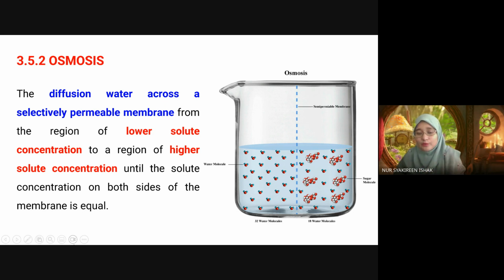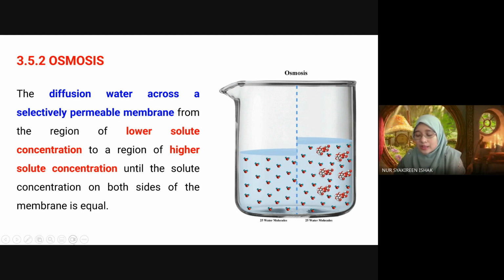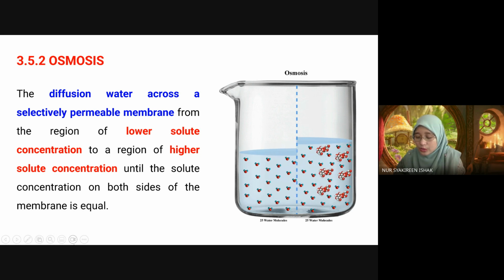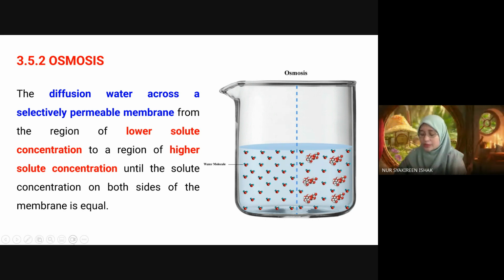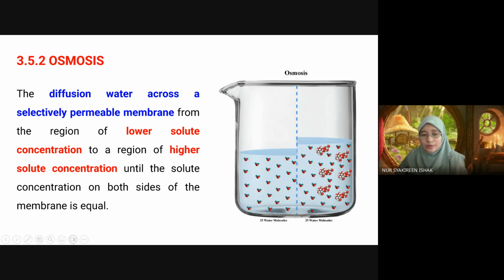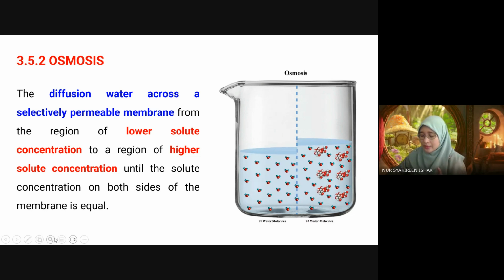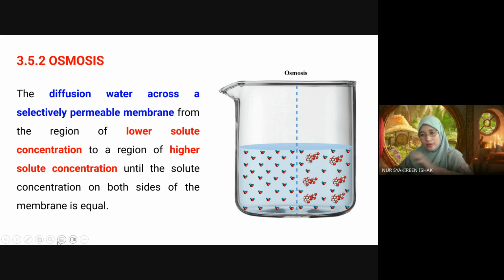It is the diffusion of water across a selectively permeable membrane from the region of lower solute concentration to a region of higher solute concentration, until the solute concentration on both sides of the membrane is equal, until the solute concentration on both sides of the solution is equal.